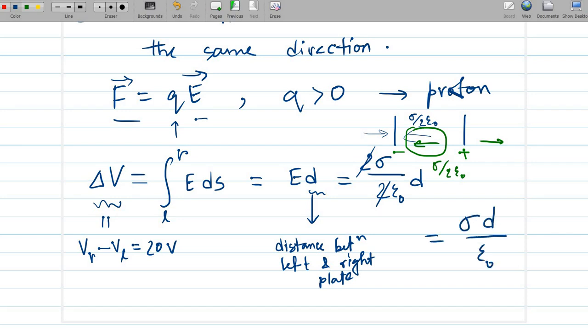Do you understand why the 2 in the numerator came? Because there are 2 plates, both have the same charge density, presumably, and both are contributing electric fields in the same direction, right? The electric fields add up because electric field is a vector, and therefore it's double of whatever you had for a single plate. Now you have 2 plates, the electric field doubles. That's why there is a 2. Okay, make sure you are clear about this.